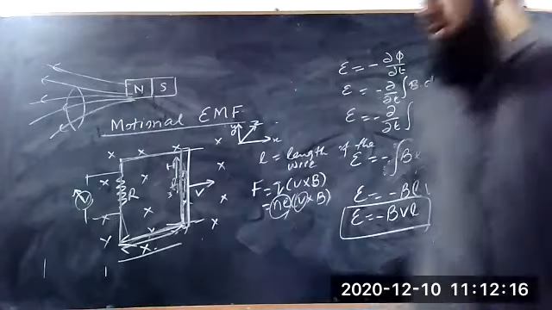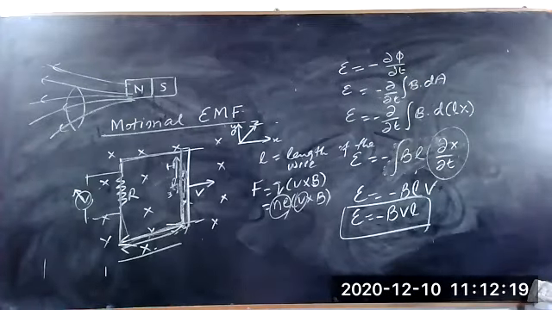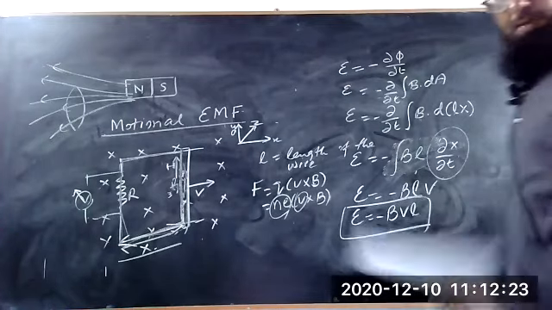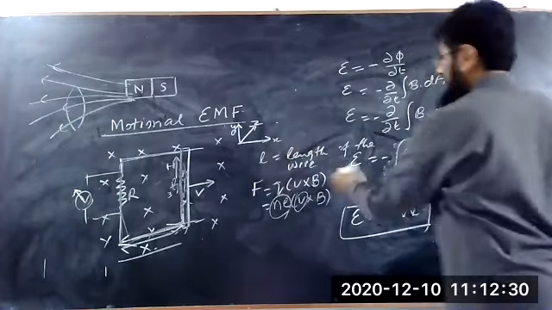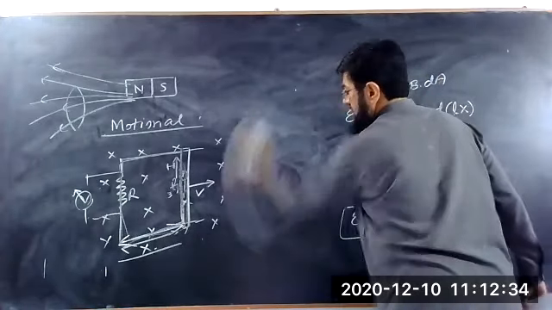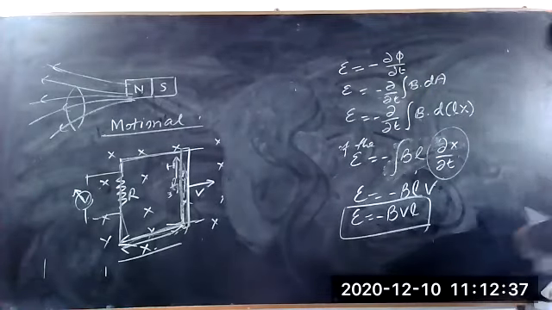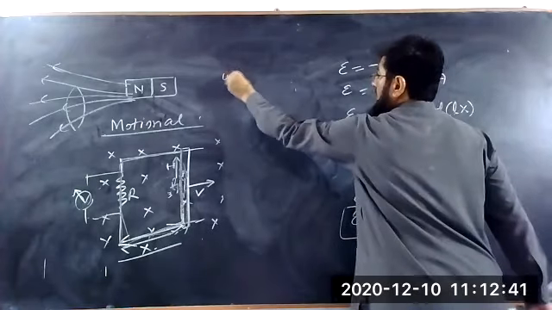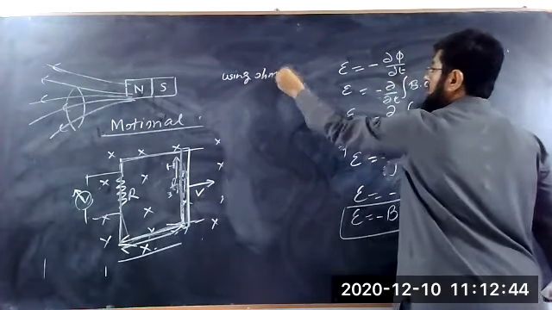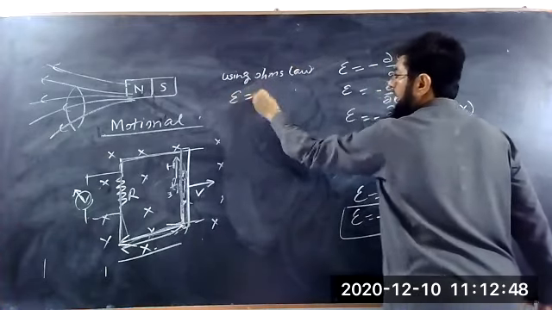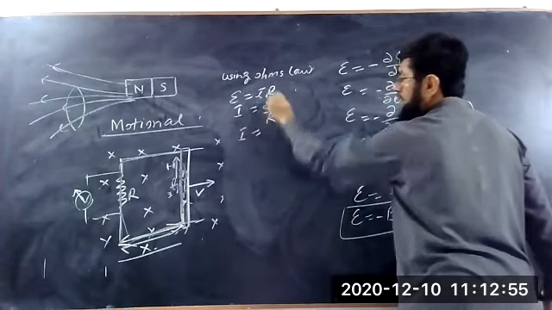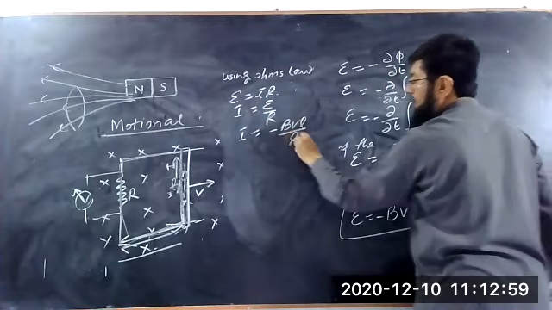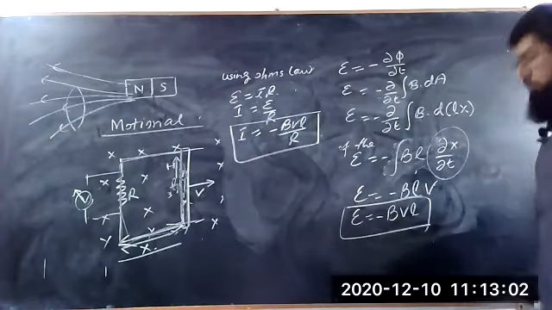Now from this induced EMF we can find the current by using Ohm's law: E is equal to I into R, so I is equal to E upon R, which is minus B v L upon R. So this is the current in the wire, known as the induced current.